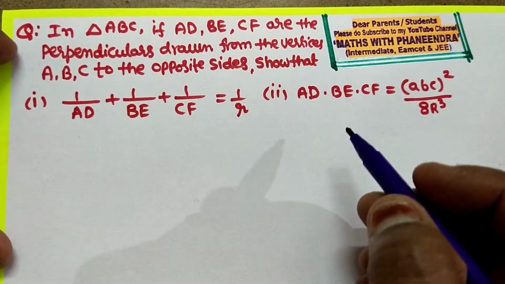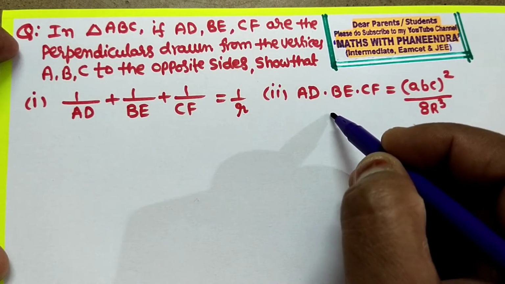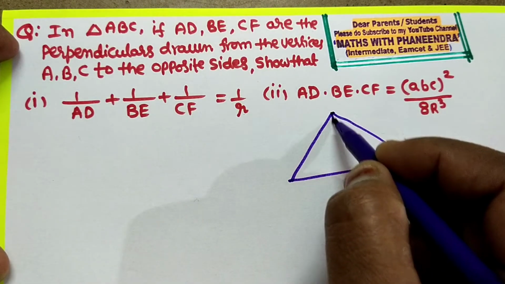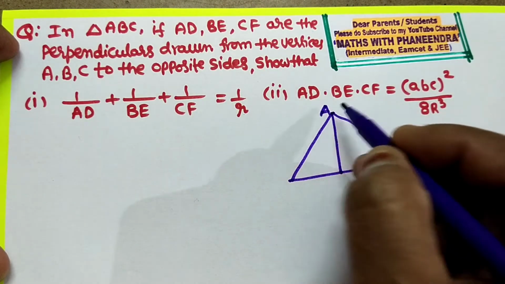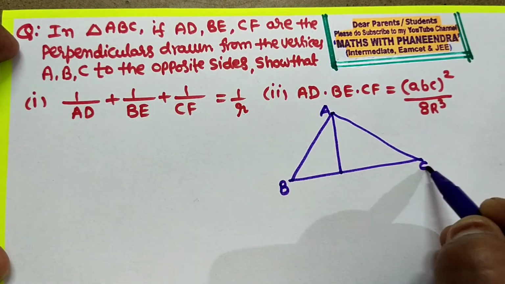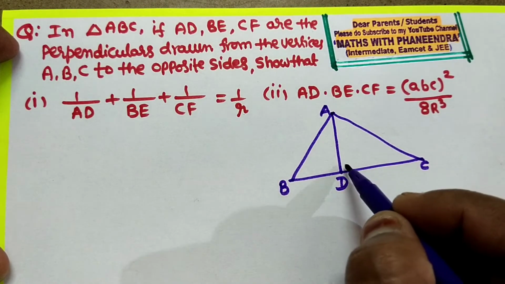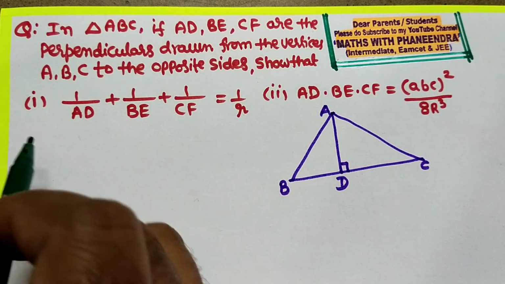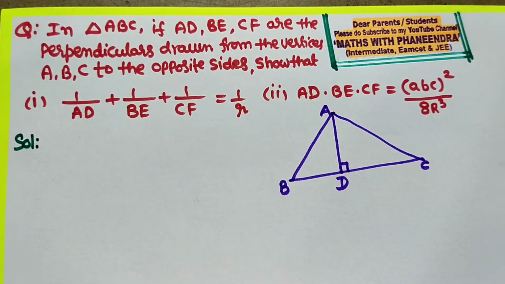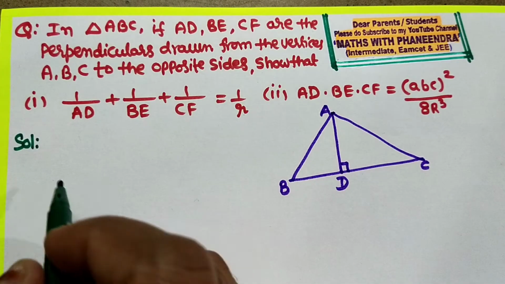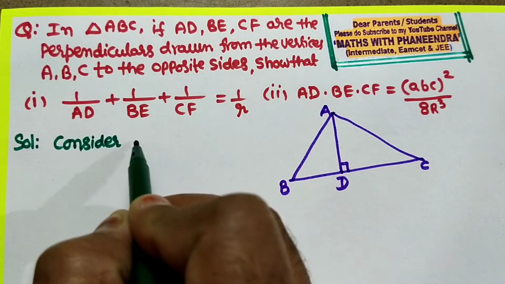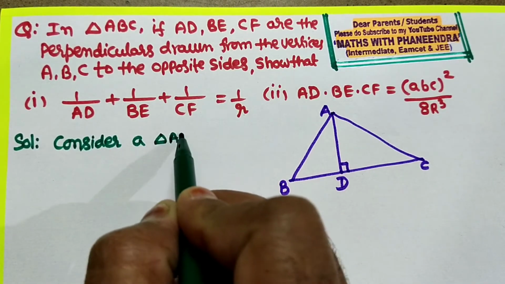First, you have to draw the rough figure according to the question. Consider a triangle, this is A, B and C. AD is the perpendicular. In the solution, consider a triangle ABC.